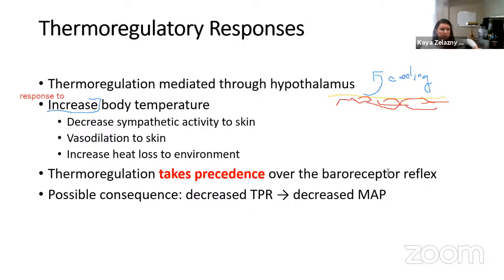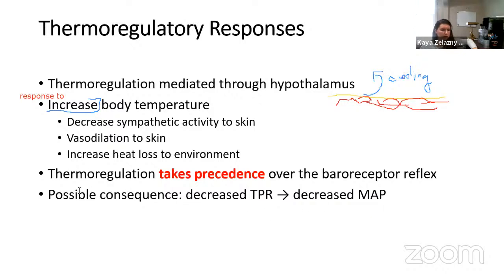So because this takes precedence over the baroreceptor reflex, this is decreasing your blood pressure. And basically, your body will kind of fight it out. You may see kind of cycling back and forth as the baroreceptor reflex and your thermoregulation kind of fight for control.